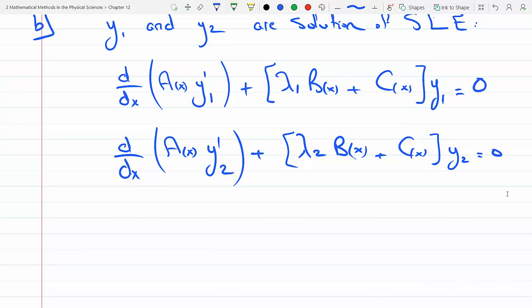Now the trick is, to prove something is orthogonal, I need to get to an integral. To get to an integral, I need an integral with y1 and y2 together. To do that, I need to put these two equations together, and the best way to get them together with y1 and y2 included is to multiply the first equation by y2, because then I would have y1 y2, and multiply the second equation by y1.